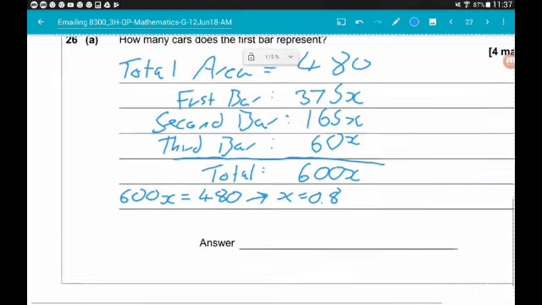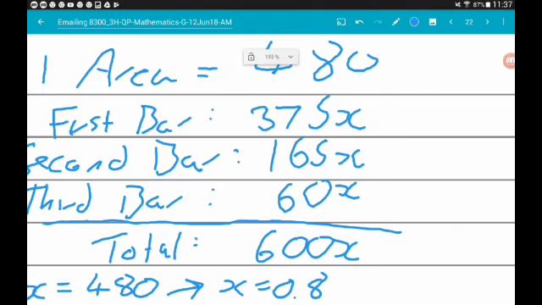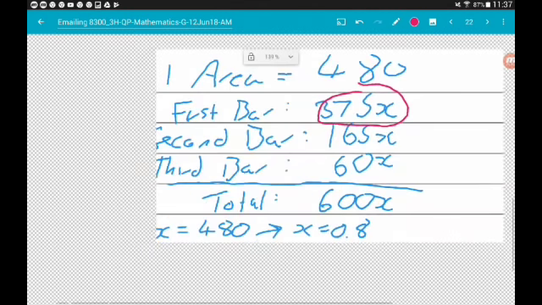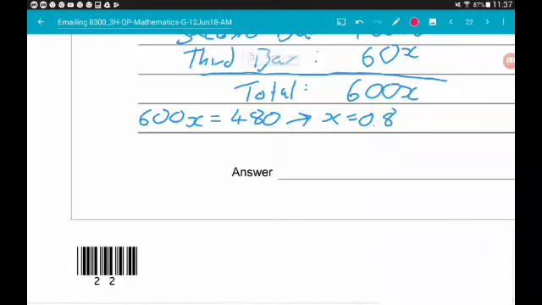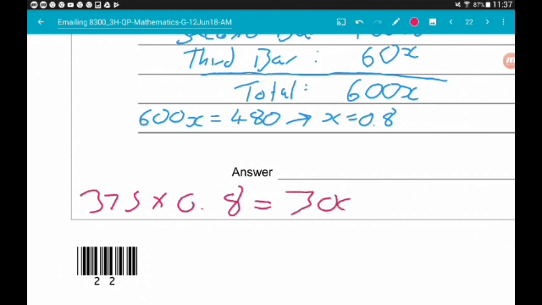Remember, we said the first bar in terms of x had a frequency of 375 times x. Now we know what x is, we can do 375 times 0.8, and that gives us 300. So 300 is our answer. Cool.